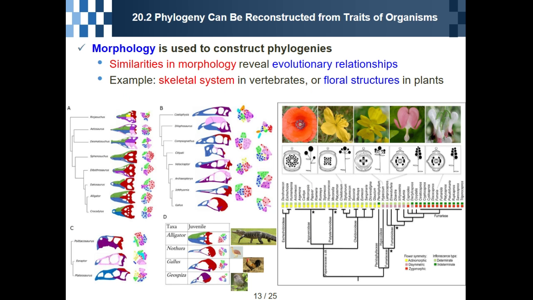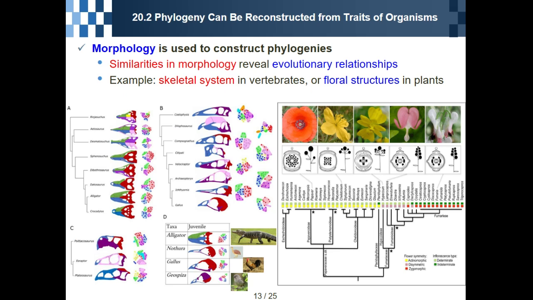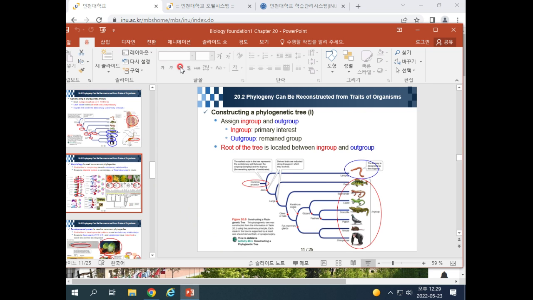And also, so this is how we learned to construct phylogenetic trees. In this slide we will see some important concepts. Two important concepts are used to construct phylogeny. First of all, morphology.